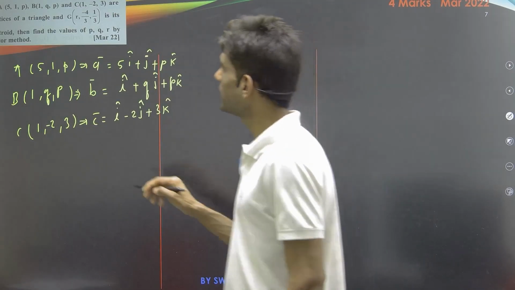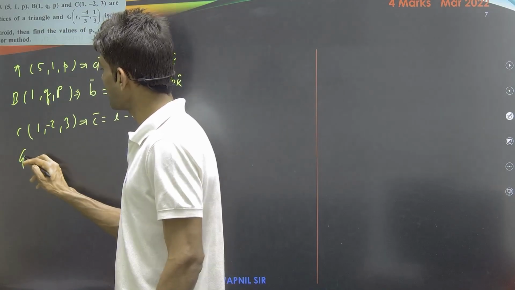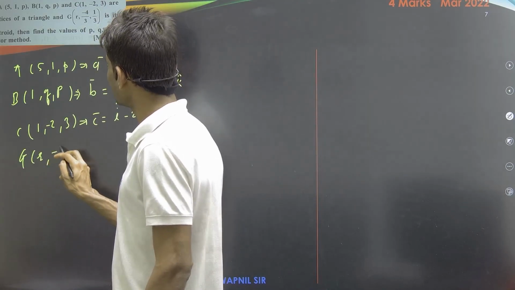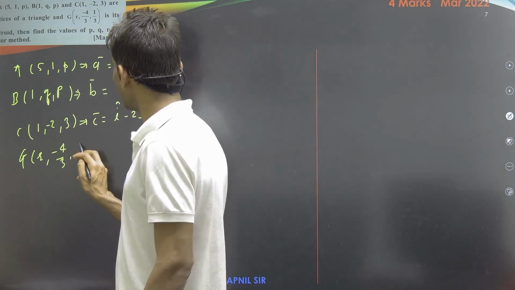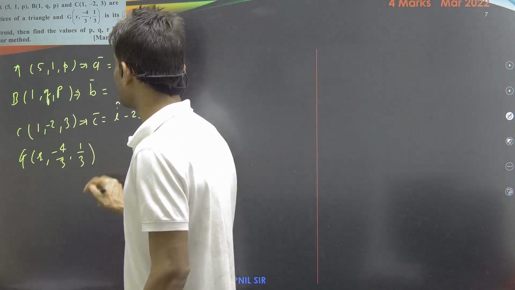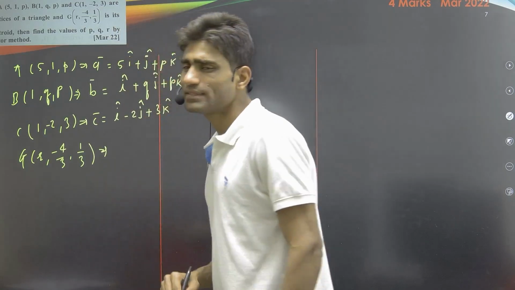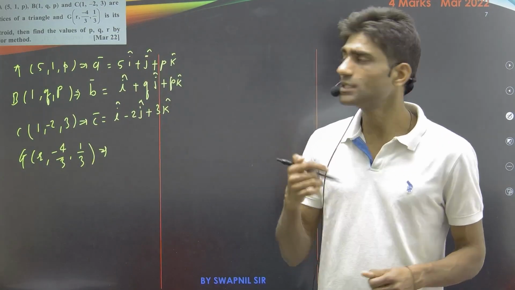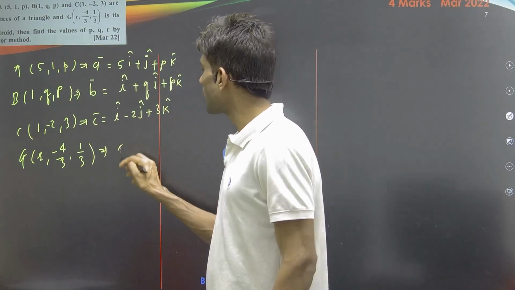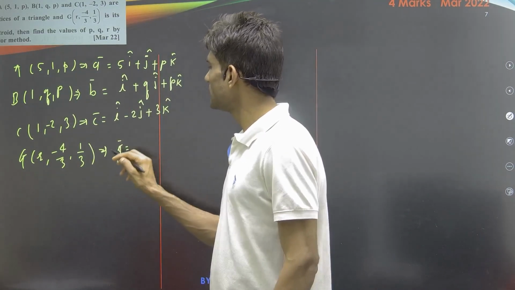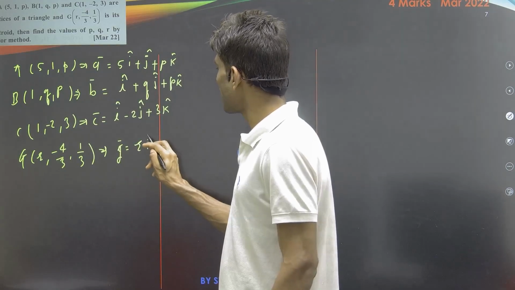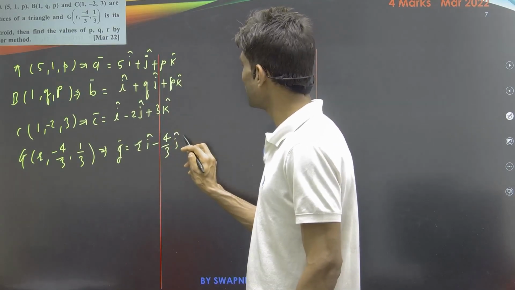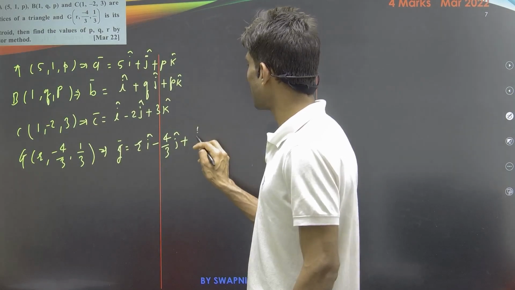The centroid is given as G (R, -4/3, 1/3). At the centroid G there exists a position vector G bar, which can be written as R times i cap minus 4 by 3 times j cap plus 1 by 3 times k cap.